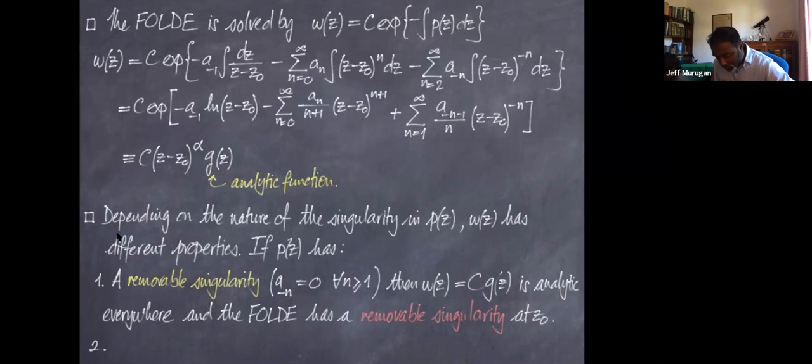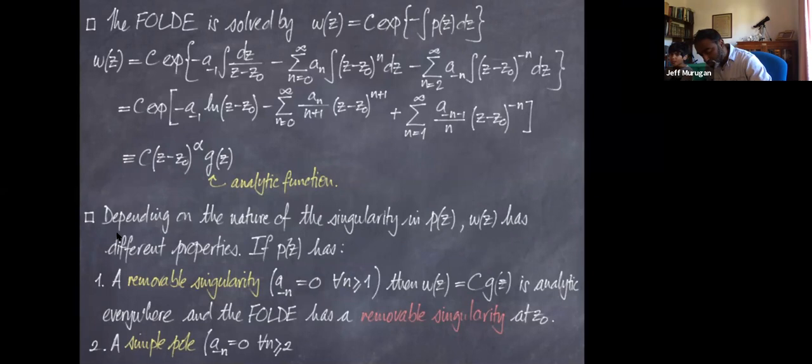If P of Z has a simple pole, what this means in terms of the coefficients in the Laurent expansion is that all of the A minus n's vanish for n greater than or equal to 2, and that A minus 1 is not 0.